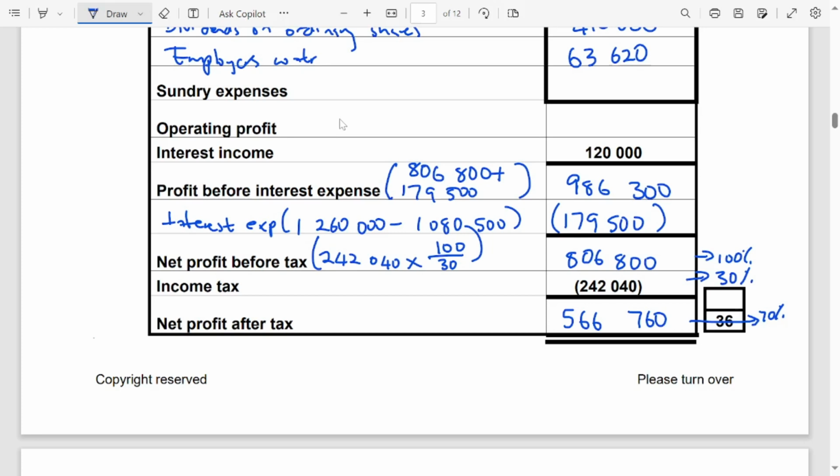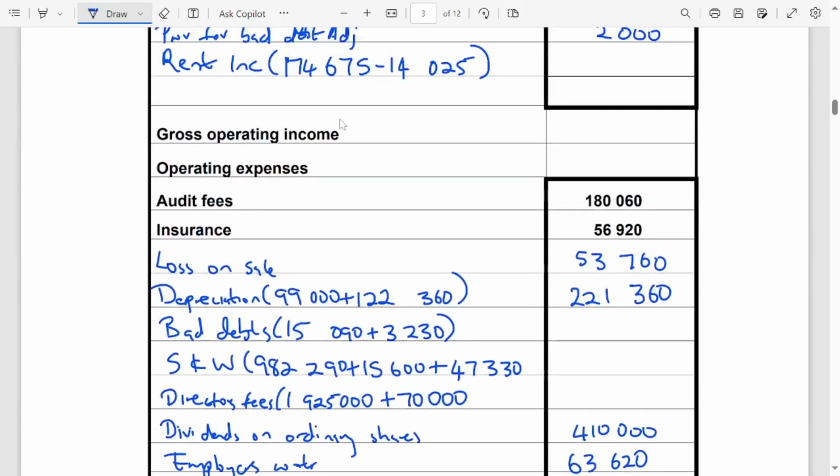So in this case, to go back, we must subtract the interest income. 986,300 minus 120,000. So that's going to be 866,300. Now we have the operating profit.